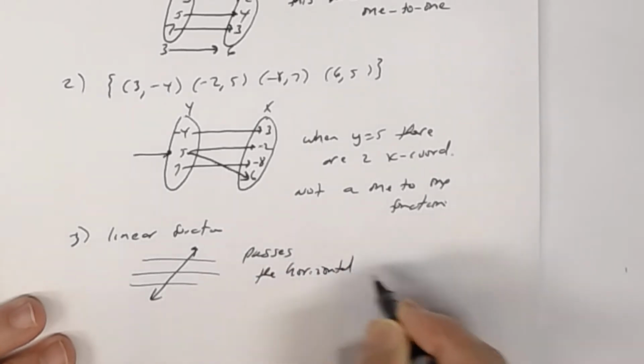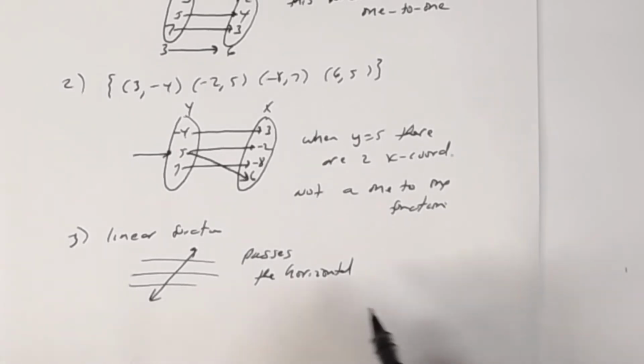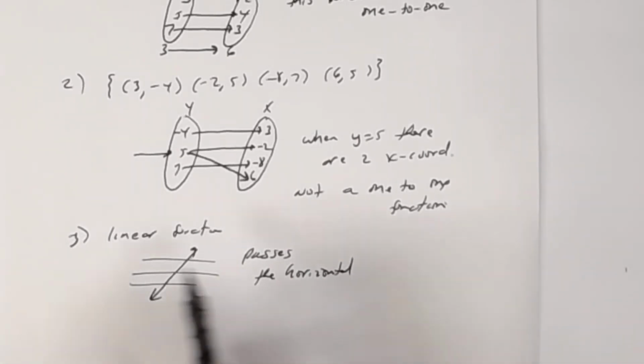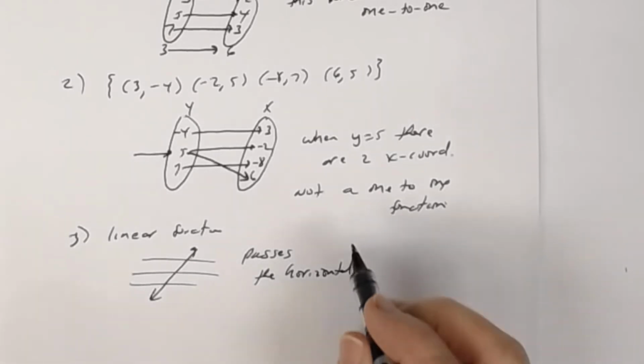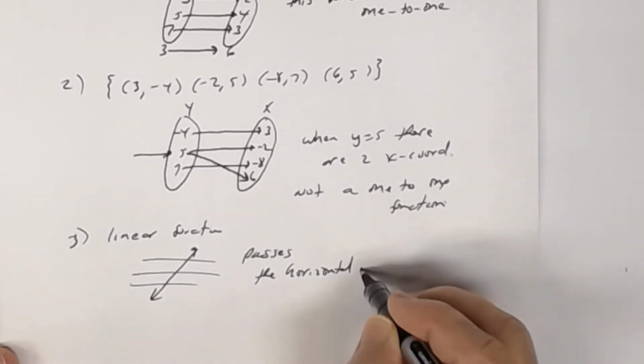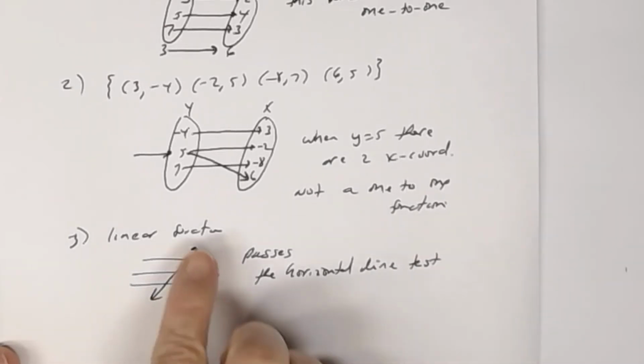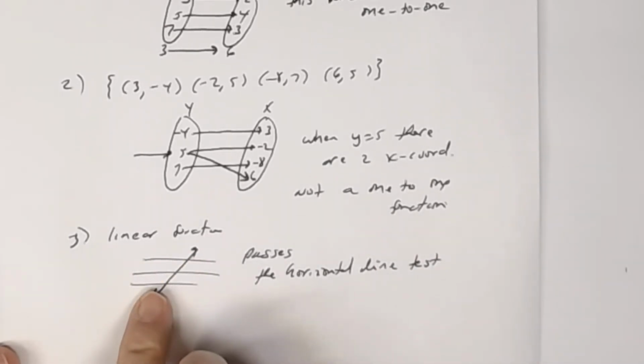So remember, when a graph of a function is given, you can use the horizontal line test. Remember in previous lessons when you talked about functions, you used the vertical line test. Here you use the horizontal line test to determine if a function is one-to-one.